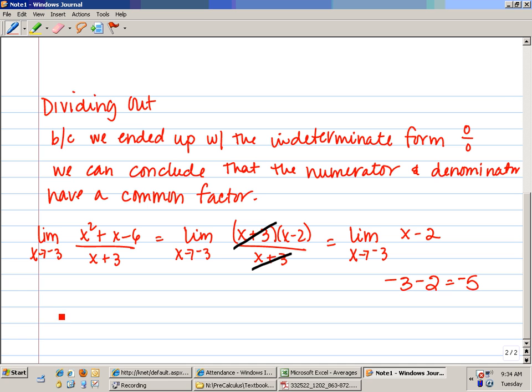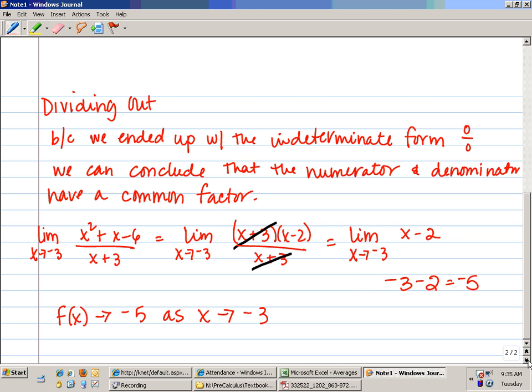So we would say that f of x approaches negative 5 as x approaches negative 3. So this is dividing out, a two-step process: factor, then use direct distribution.